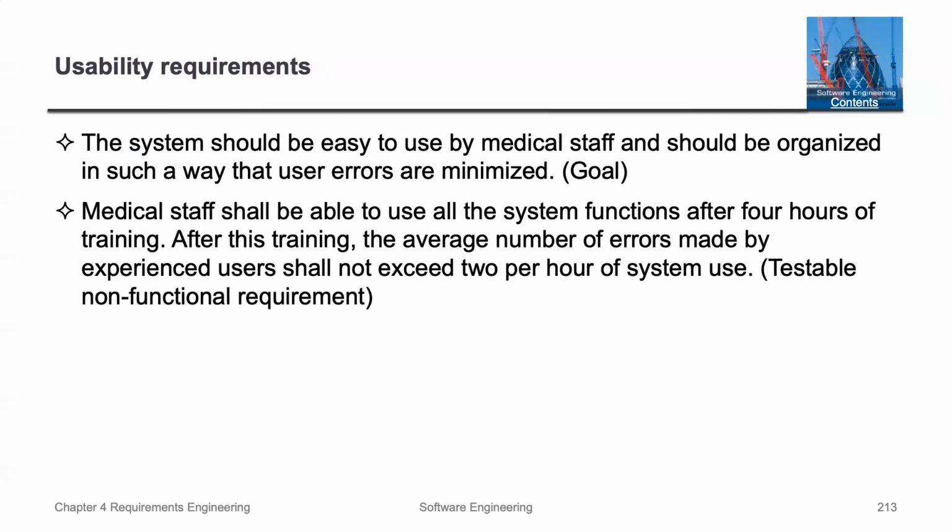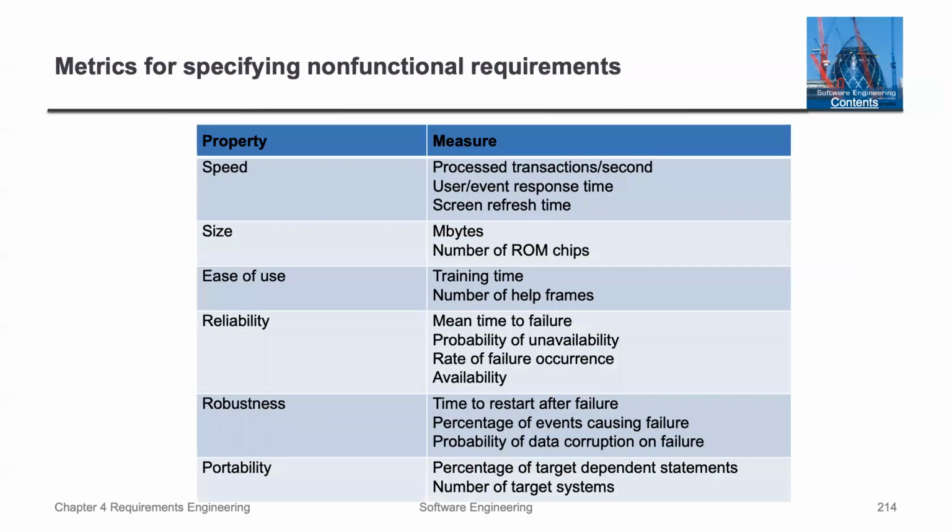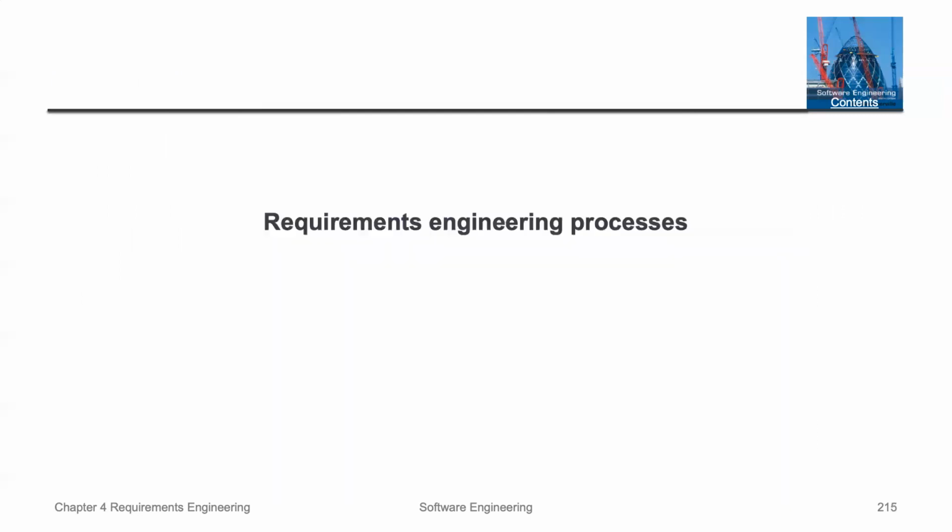And so that's a testable non-functional requirement that you could spell out. Here are the kinds of metrics: speed, size, ease of use, reliability, robustness, and portability. These are all the things that you can specify in terms of metrics for your product.